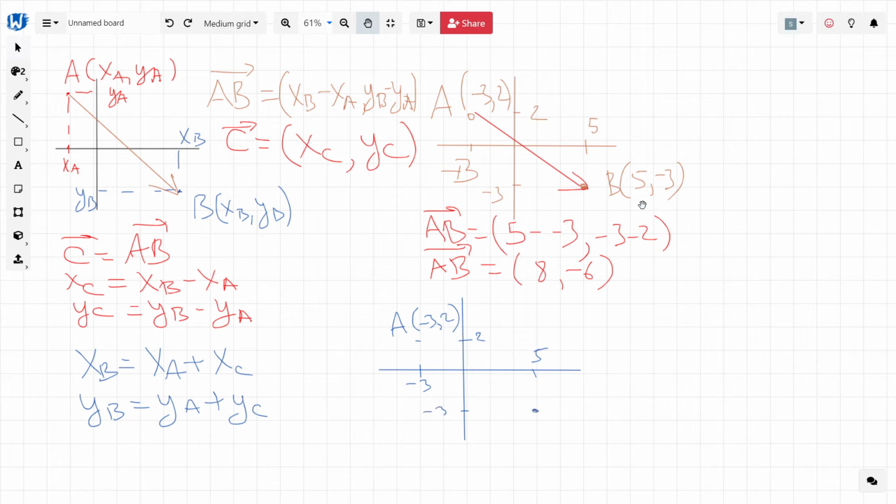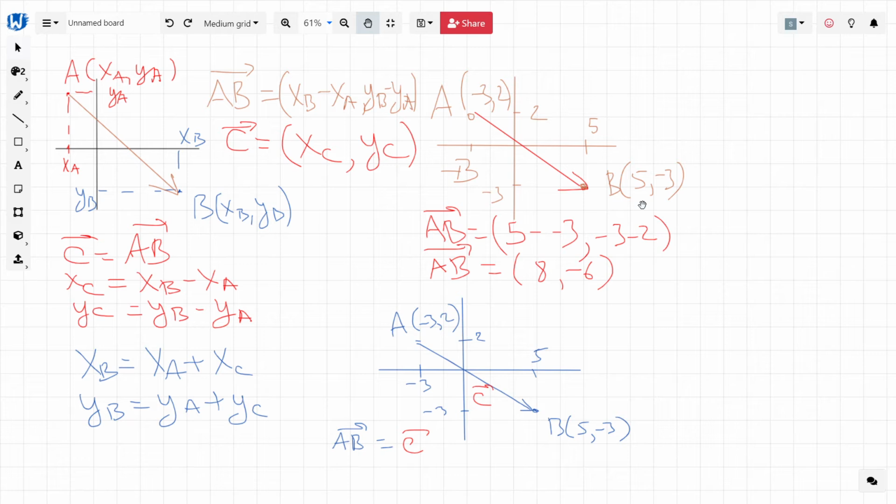Okay. And I was connecting these 2 points and getting a vector AB. Well, let's call it vector C.